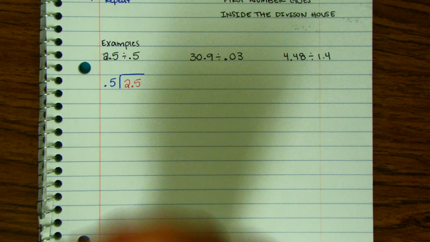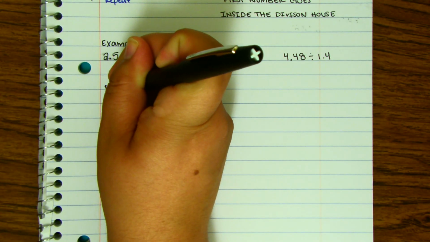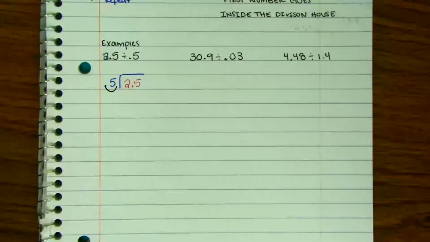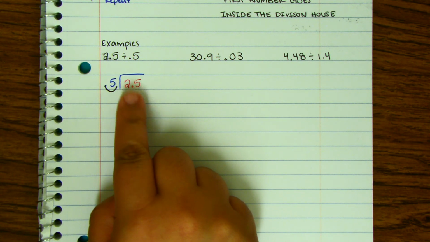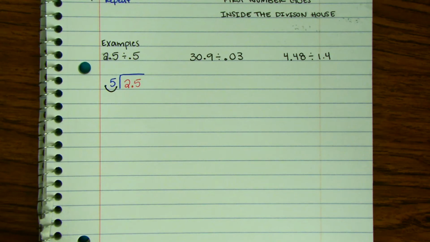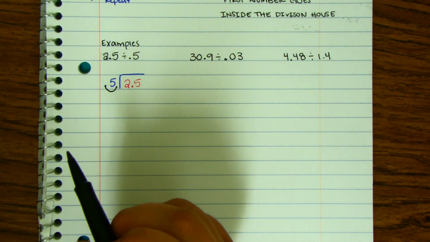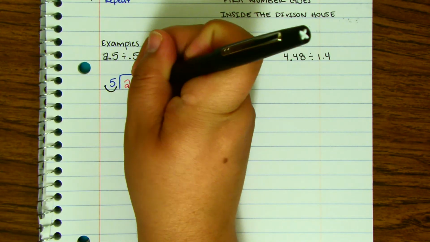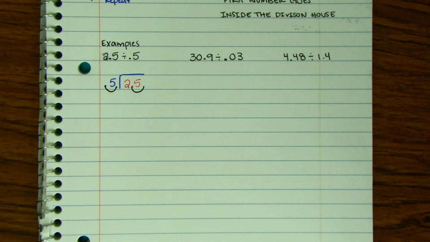I am going to move the decimal point over to the right 1 spot. So now I have a new number, which is 5. Because I have a decimal in the dividend, I also have to move that same decimal point over to the right 1 spot. So now I'm left with a new problem.